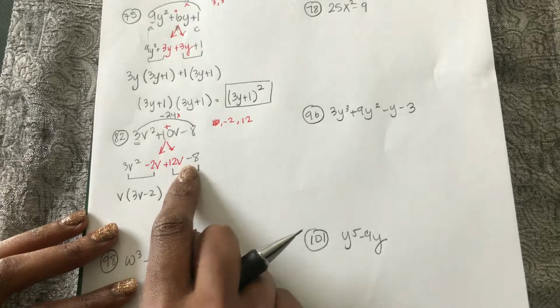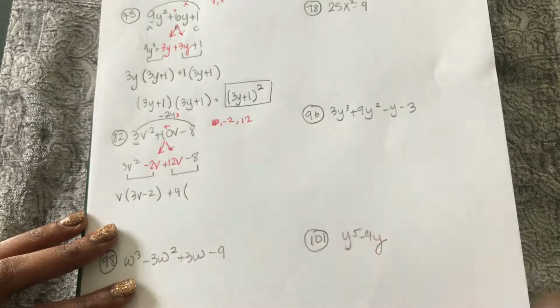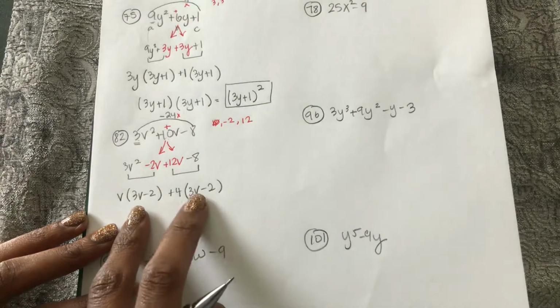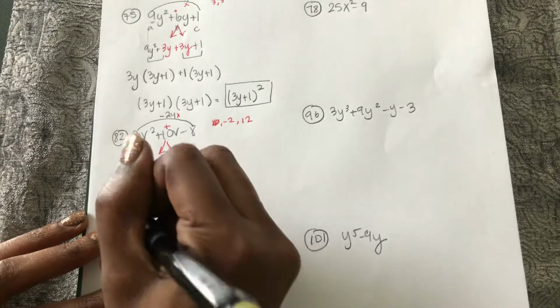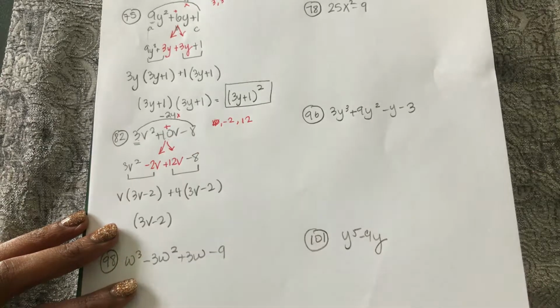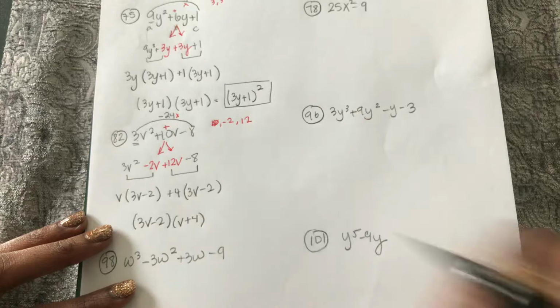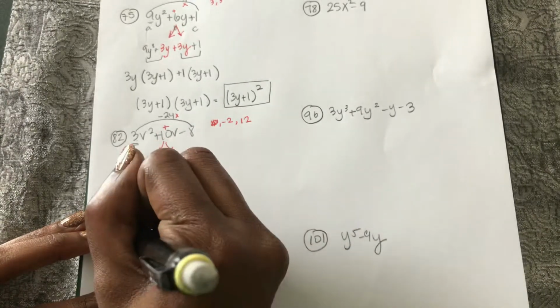The GCF of this group is 4, and that also leaves 3v minus 2. Here's our binomial GCF, 3v minus 2, and what's left over are our two original GCFs.